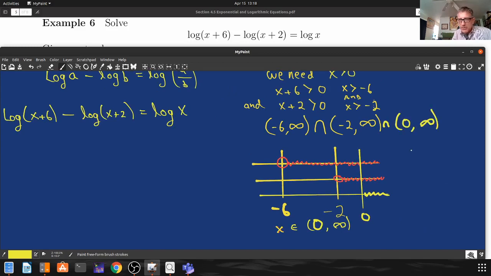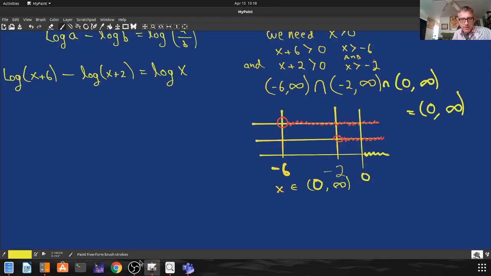And the intersection of these three sets is just 0 to infinity. So my x value has to be greater than 0. Now if I had something else on the other side other than the log of x, then things would be different, but that's what I have.